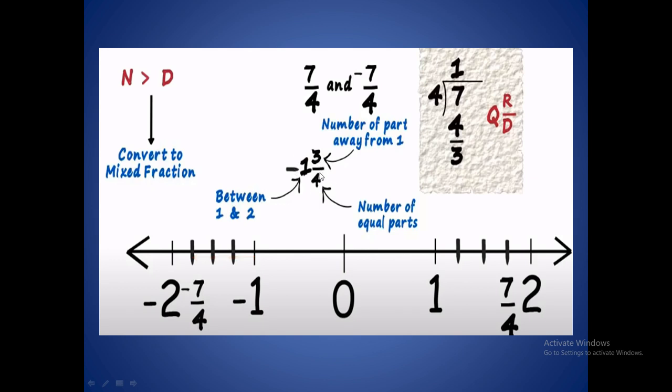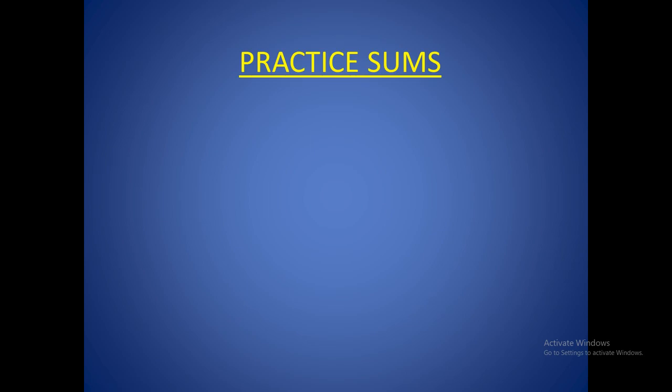Then you have to represent this 3 by 4 in the gap between minus 1 and minus 2. It will lie between minus 1 and minus 2, and this 3 tells the third point. 1, 2, 3. This third point is minus 7 by 4. Okay, clear? So in this way, we represent improper rational numbers on the number line.